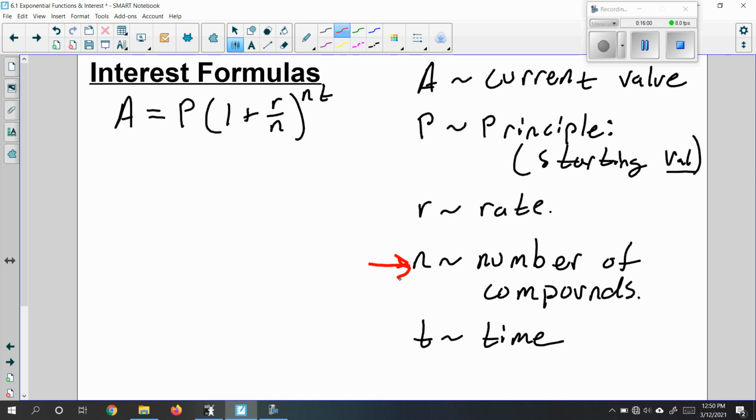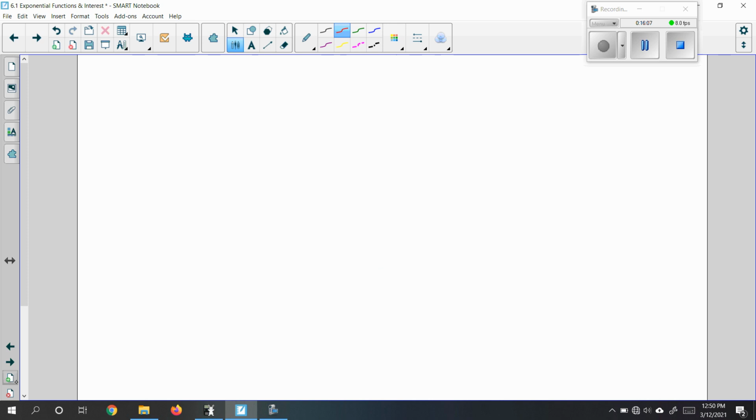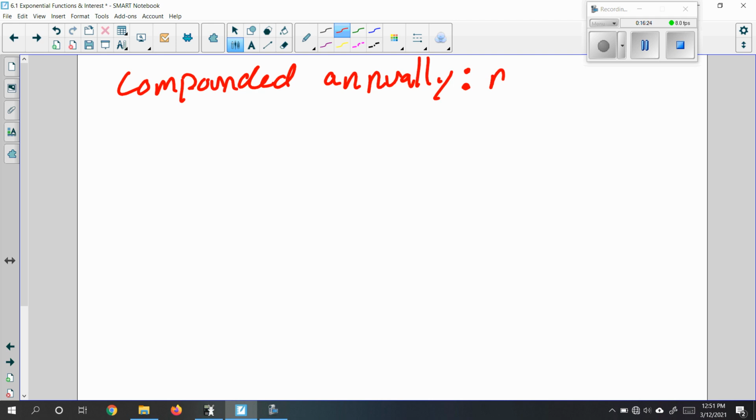That means how many times in a given period the interest is computed. So, for example, if interest is compounded annually, that means n is equal to 1 because the interest is computed once a year.